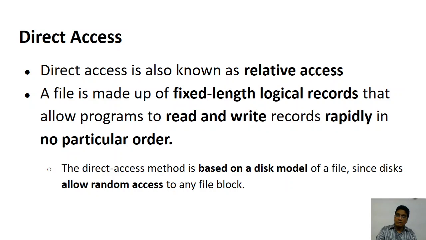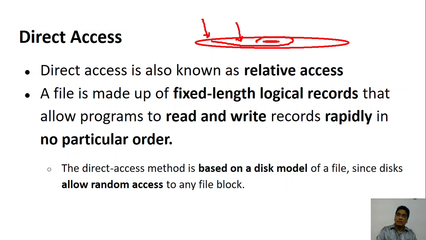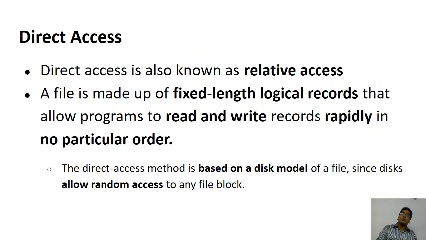Remember, the data is in tracks. Instead of going along the track, you can simply jump to the other track immediately. That's called direct access. You can skip from one place to the other. There is no particular order. You can go forward, backward, or any other direction.